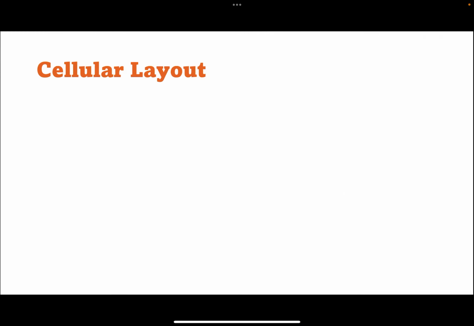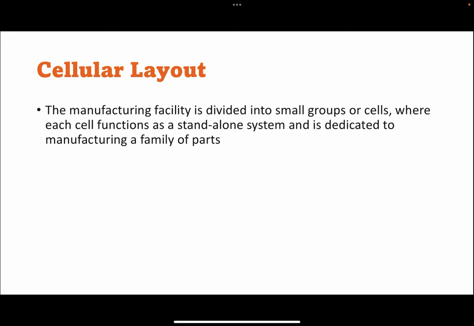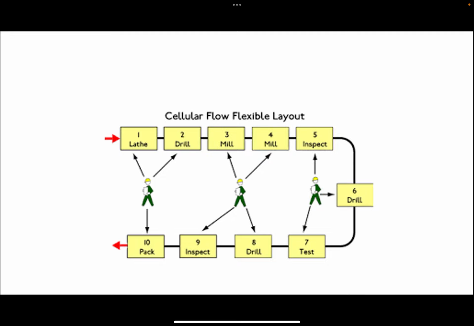So the next type of layout is the cellular layout. Here the manufacturing facility is divided into small groups of cells where each cell functions as a standalone system and is dedicated to manufacturing a family of parts. So let us look at an example. This is a cellular layout.